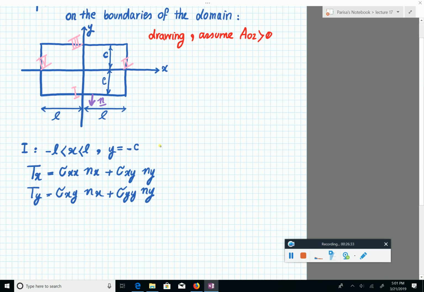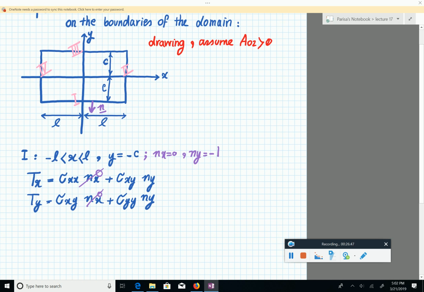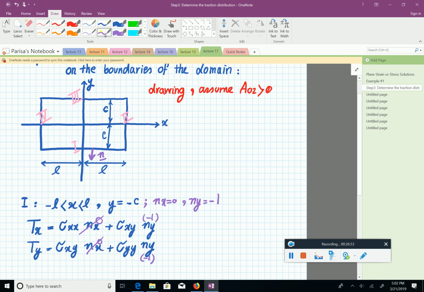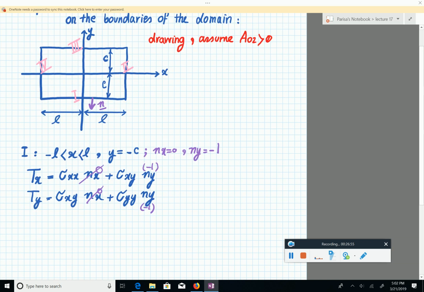So what is nx here? It is 0, right? And what is ny? Minus 1. So this is 0, this is 0, this is minus 1. So again, here everything is simple. It doesn't have to be always this simple.